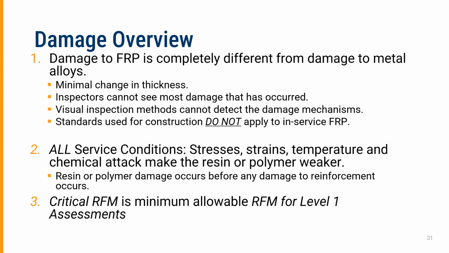All service conditions, that's stresses, strains, temperature, and chemical attack, make the resin or the polymer weaker. Resin or polymer damage occurs before any damage to the reinforcement occurs. That is a very, very common feature. And critical RFM is the minimum allowable RFM, in particular for level 1 assessments under API 579.